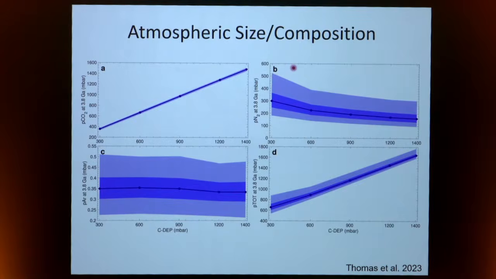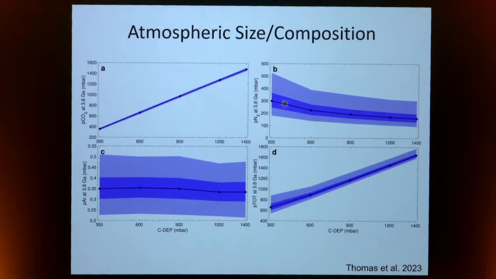It says that in our ensemble of simulations, carbonate deposition is the dominant carbon removal process, and at least for the past 3.8 billion years, our ensemble solutions do not suggest that escape and other processes have a great contribution in terms of the mass.